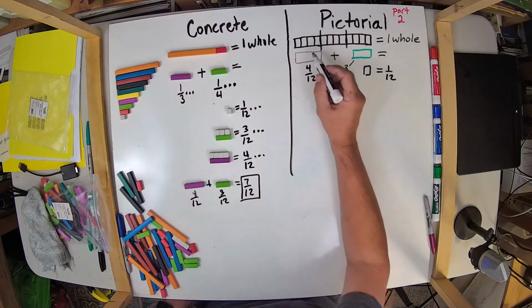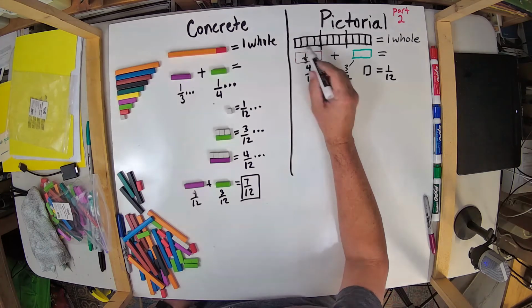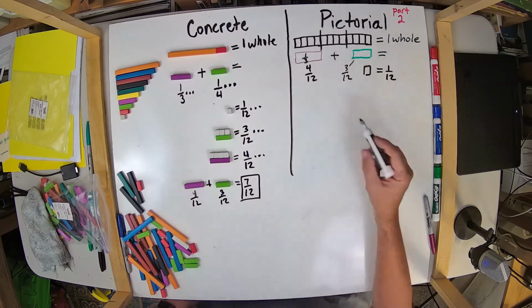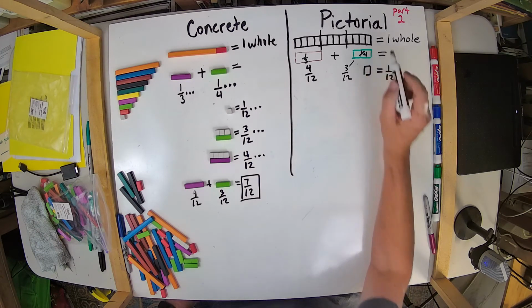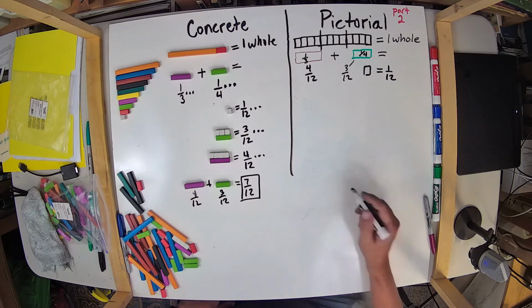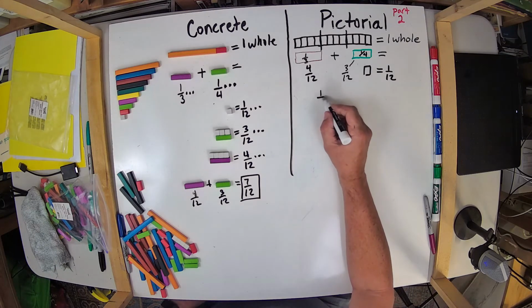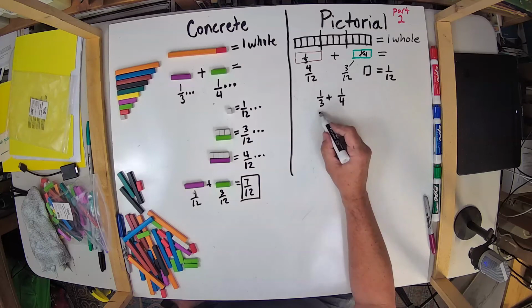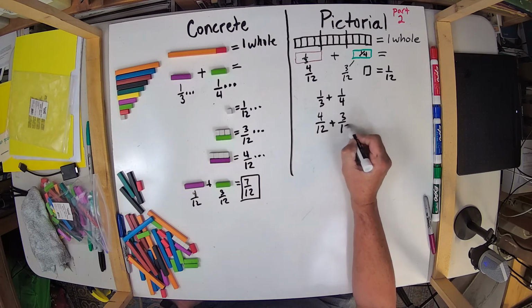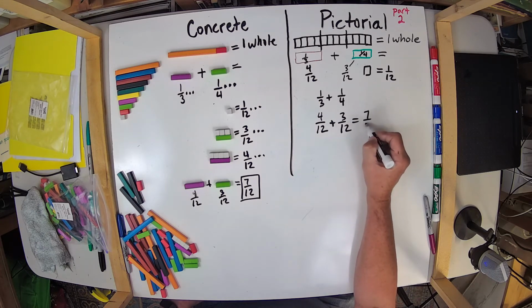And you'd say, oh, this is 1/3 because there's 3 sets in there. And again, with this 1/4, do the same thing. And now I'm ending up with 1/3 plus 1/4 is the same as 4/12 plus 3/12, and that's equal to 7/12.